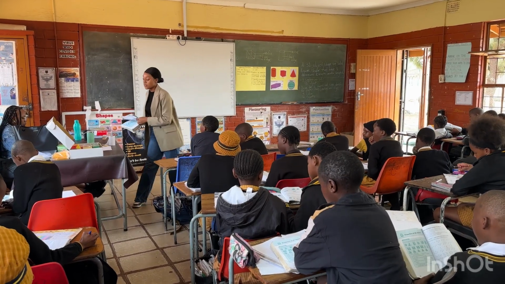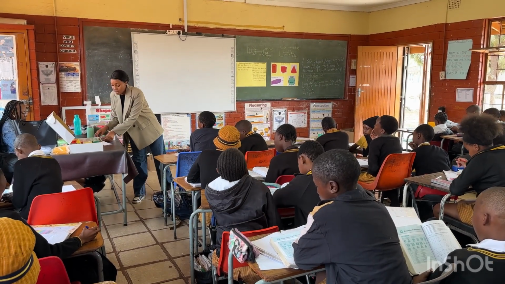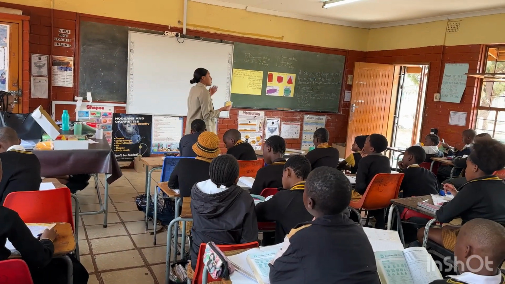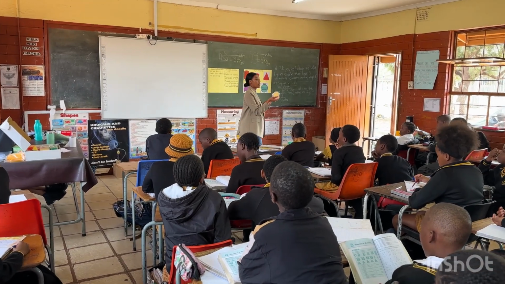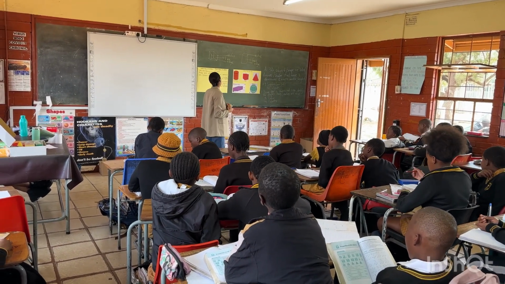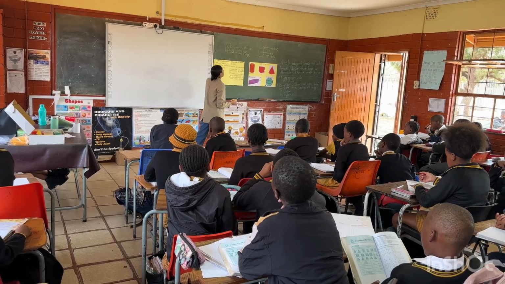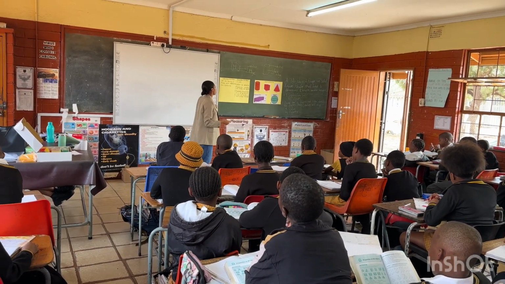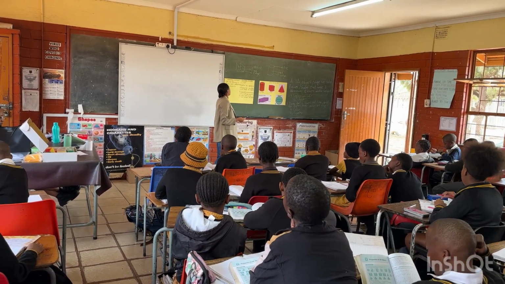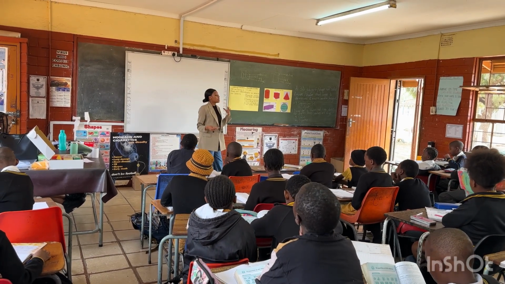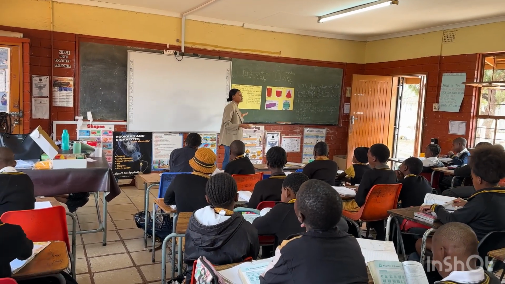So now I'm going to give you the exit tickets. On the exit tickets, you're gonna write what you learned today. Remember, we were able to define the 3D objects, recognize and visualize them, and identify the characteristics of the 3D objects.